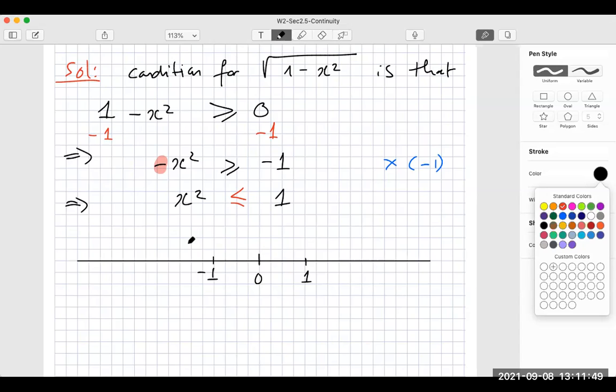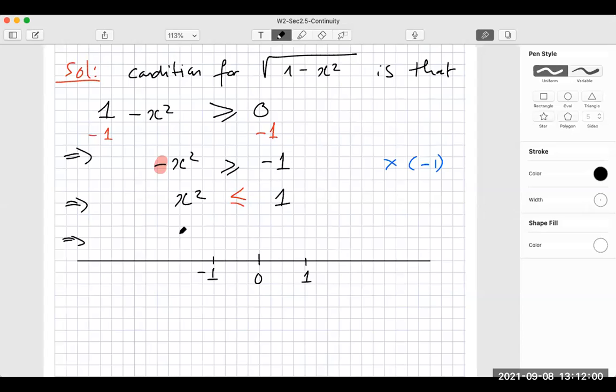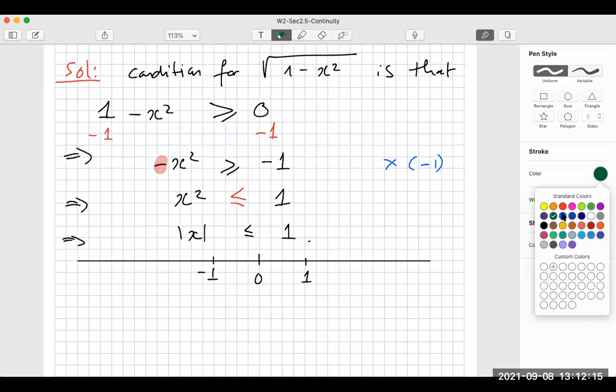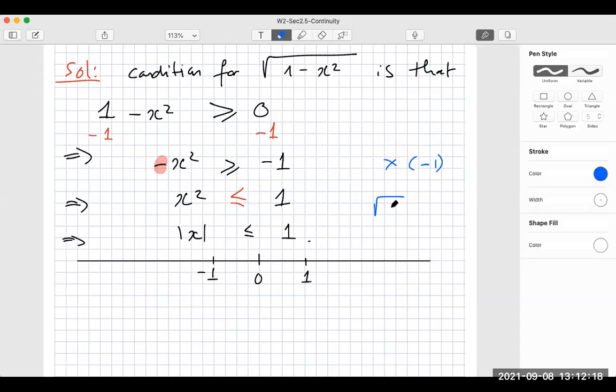So in order to solve this inequality, if we take square root, it would be the absolute value of x, right? Okay. We take square root of both sides. The left-hand side will be the square root of something squared, so it should be an absolute value right here.